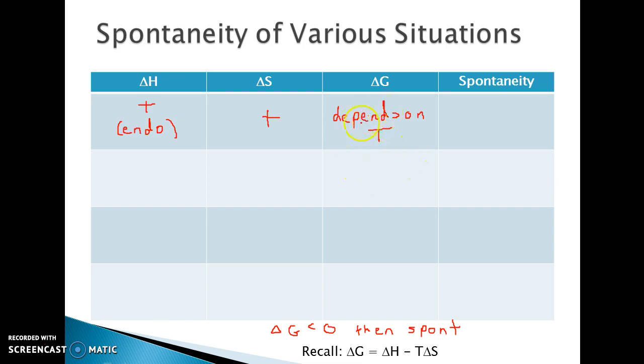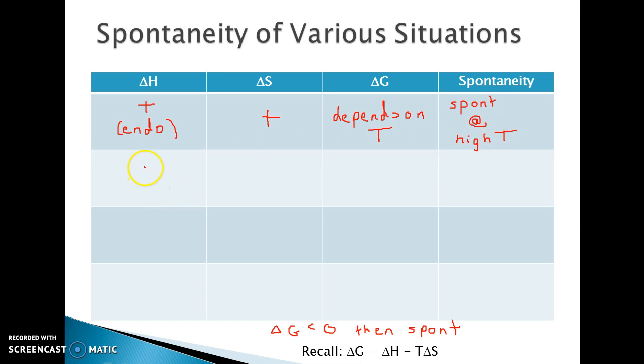So if this situation depends on temperature and delta G needs to be negative for it to be spontaneous, then this term here needs to be large compared to delta H. This temperature is going to be, when we have high temperatures high enough to make this larger than delta H, then delta G will be negative and it will be spontaneous. So these particular situations will be spontaneous at high temperatures.